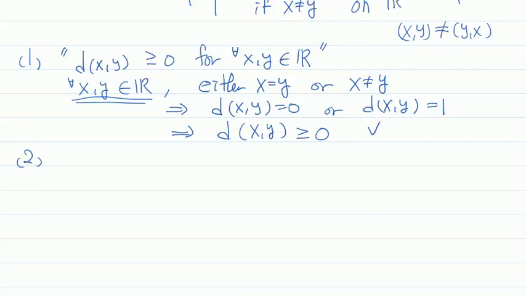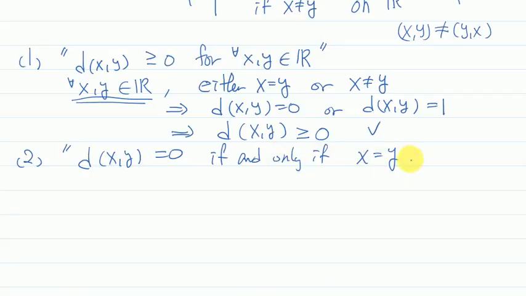The given d satisfies the first property to become a metric. Okay. The second property for being a metric is d(x,y) equals 0 if and only if x equals y. Now, in mathematics, a statement with if and only if means you are actually dealing with two different statements, not only one. So you have to prove two things.